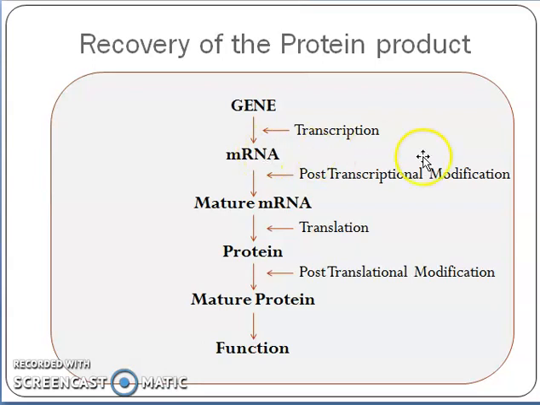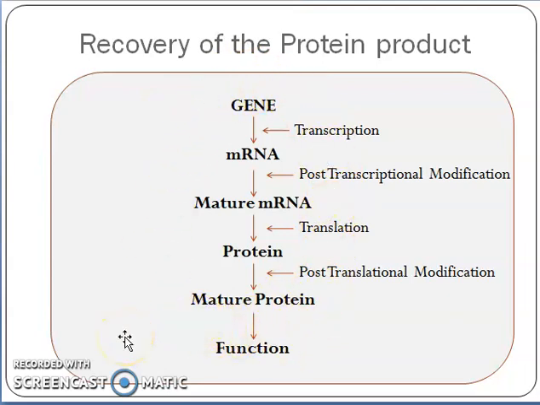The mRNA is modified post-transcriptionally to give rise to mature mRNA. The mature mRNA is translated and forms the protein, and the protein is modified post-translationally, leading to the formation of the mature protein, and that mature protein starts its function inside the cell. So this entire process is known as gene expression.